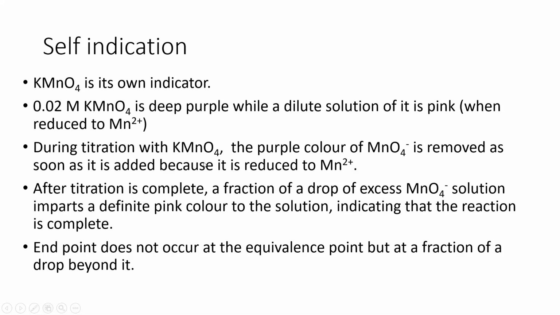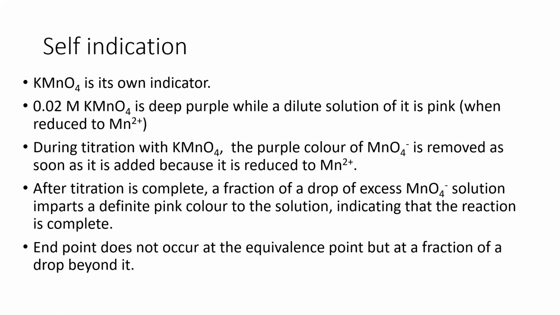So during the titration with KMnO4, the purple color of KMnO4 is removed as soon as it is added, because it is reduced to Mn2+. When you have your KMnO4 in the burette and you drop it into the conical flask, that purple color disappears, especially if you're titrating a colorless solution.